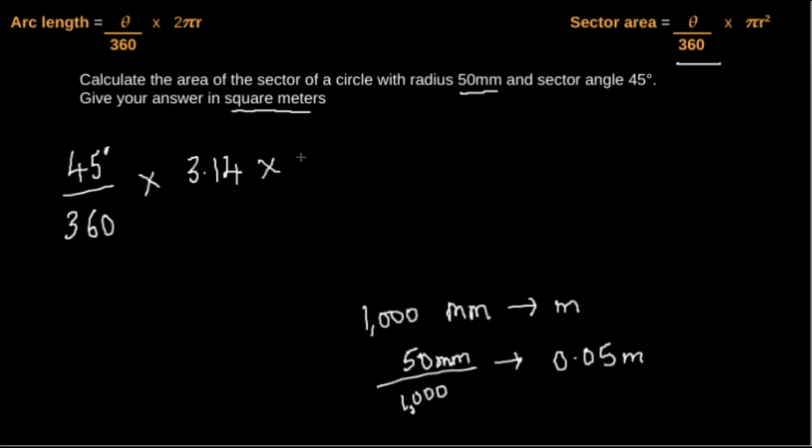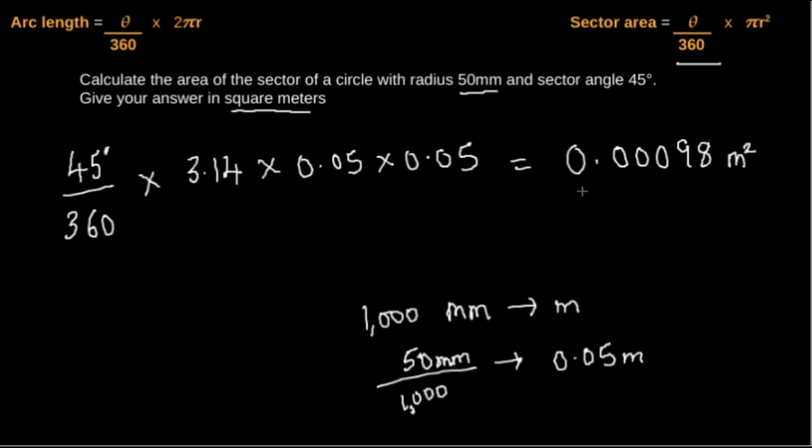So we do that here. 0.05 times 0.05. So when you multiply all of this and divide by 360, this is what you're going to have. 0.00098. Approximately 98 square meters as the area of this sector. So please take note of the measurement conversion right here.